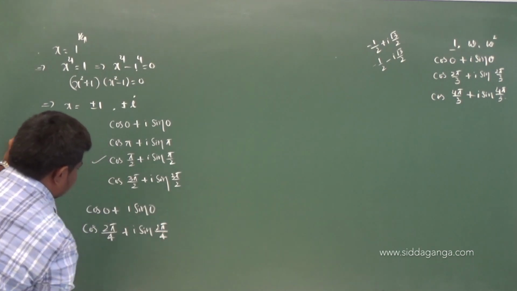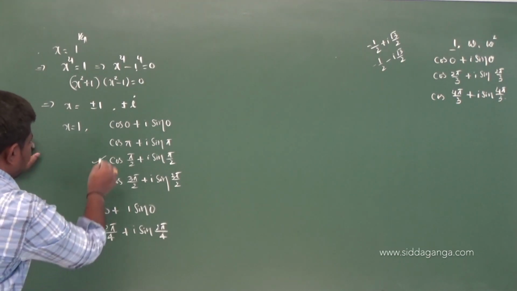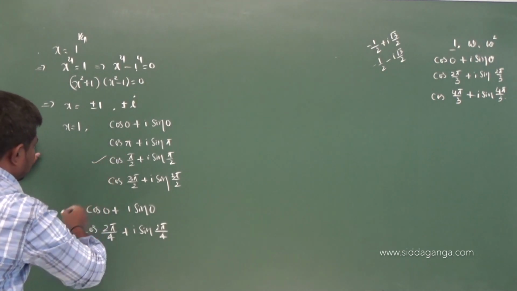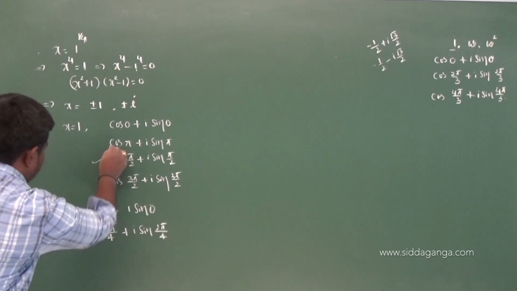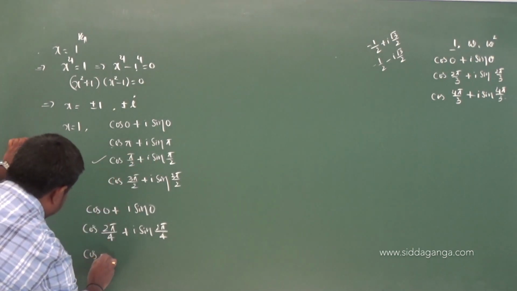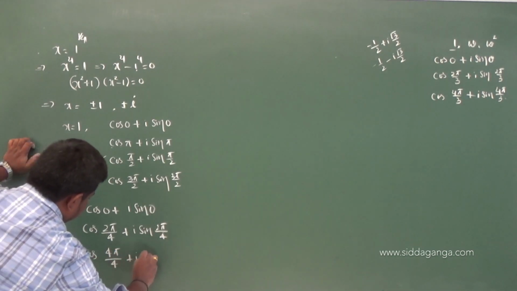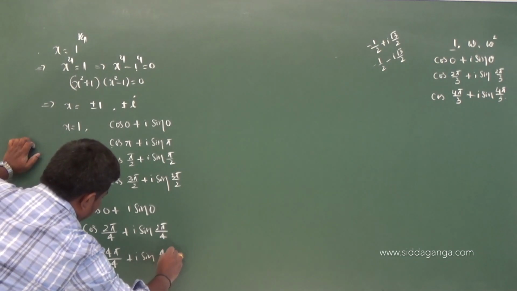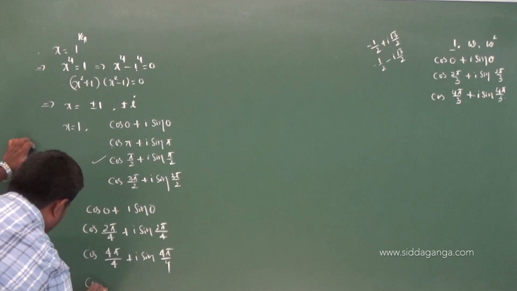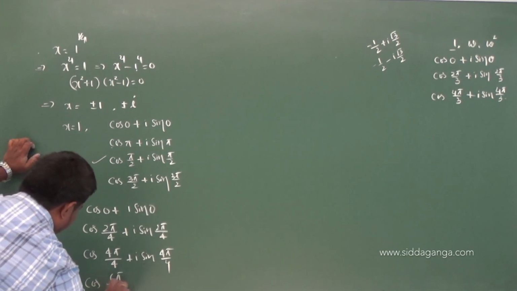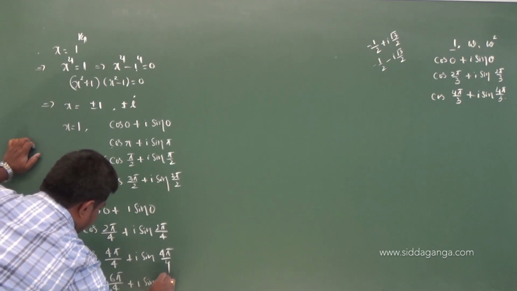And the third one, cos pi, I am going to write as cos 4 pi by 4 plus i sin 4 pi by 4. And the last one, 3 pi by 2, I am going to write as cos 6 pi by 4 plus i sin 6 pi by 4.